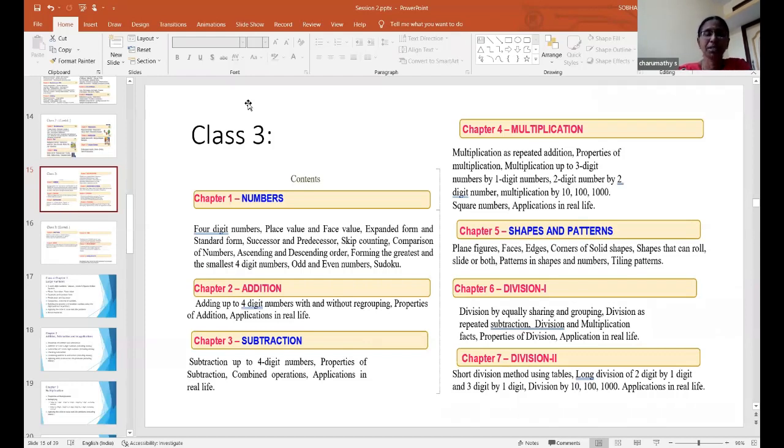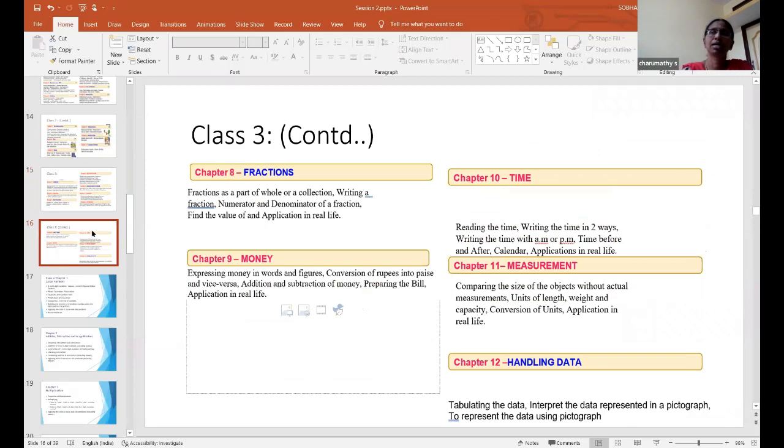Then in chapter 7, we deal with exact division, both by short division and long division method of 2 by 1, 3 by 1, and division by 10, 100, 1000 by shortcut method, and of course applications in real life. And also we check the division by the formula of multiplication.